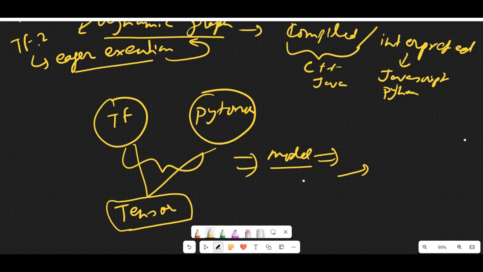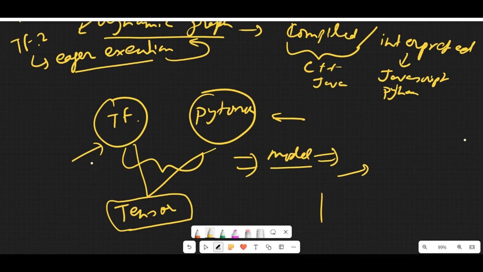For learning these frameworks, you can go to the documentation of TensorFlow and PyTorch. They have detailed theory about TensorFlow and PyTorch with examples, and even a video series is available for PyTorch, and for TensorFlow as well you can find some video series.